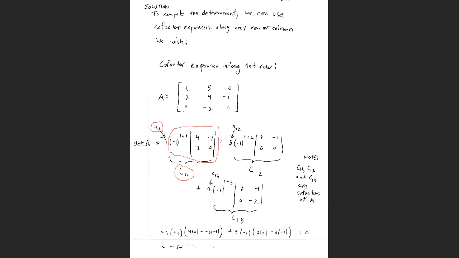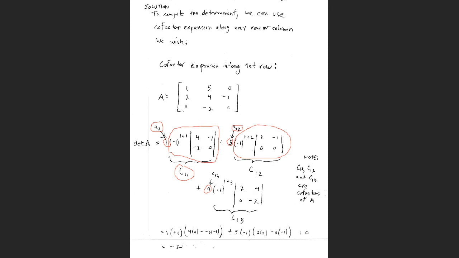And then you take the element A sub 1, 2. That's equal to 5. And you multiply that by the cofactor given here, C sub 1, 2. And then you take the element 0.